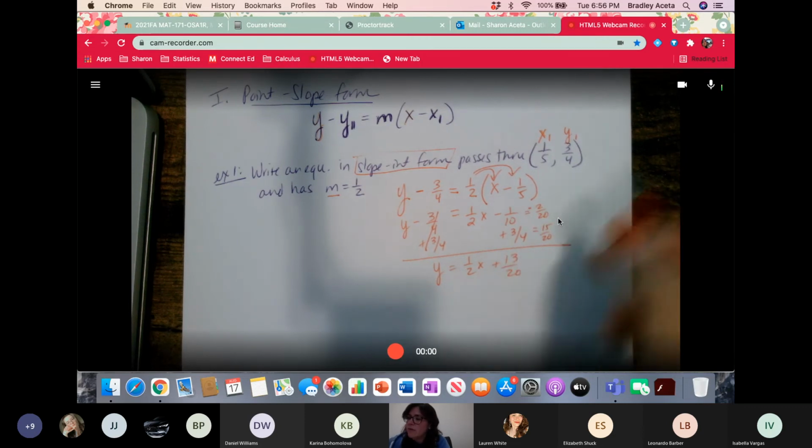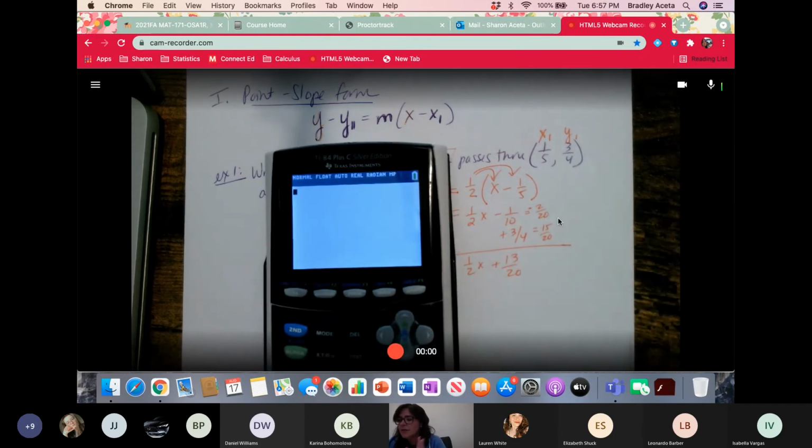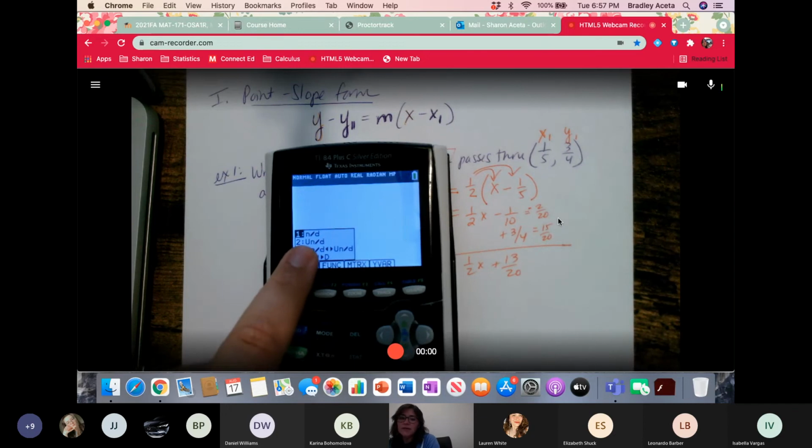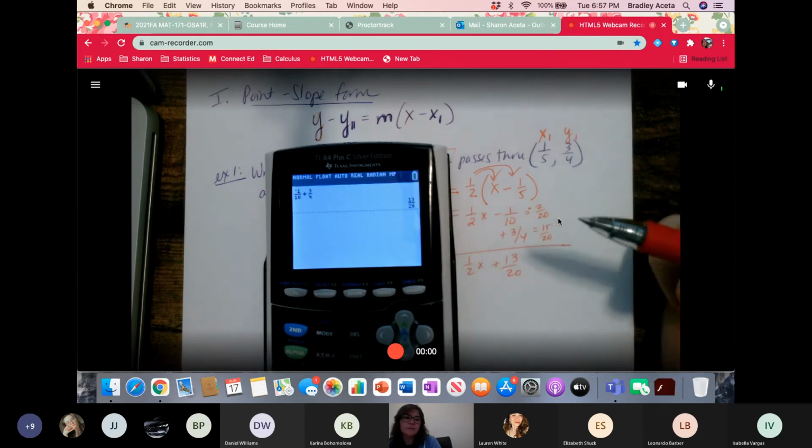If you don't feel comfortable about that, let me just go over this again, because I know fractions are annoying. If you hit alpha window and go over to frac, and then you see that n/d, and then you type -1, 10. And then you add that to alpha window frac 3/4. 13/20 comes up.